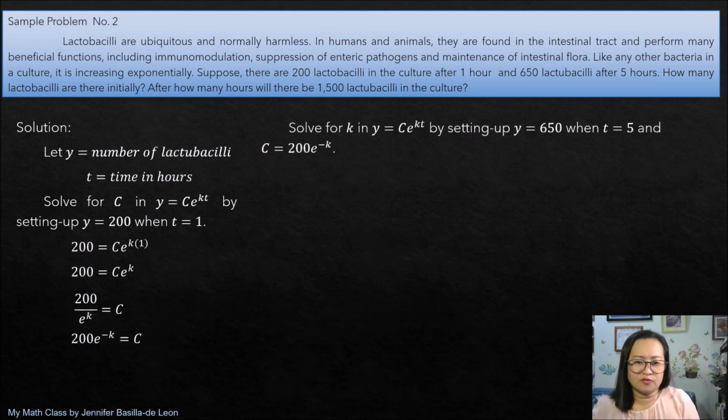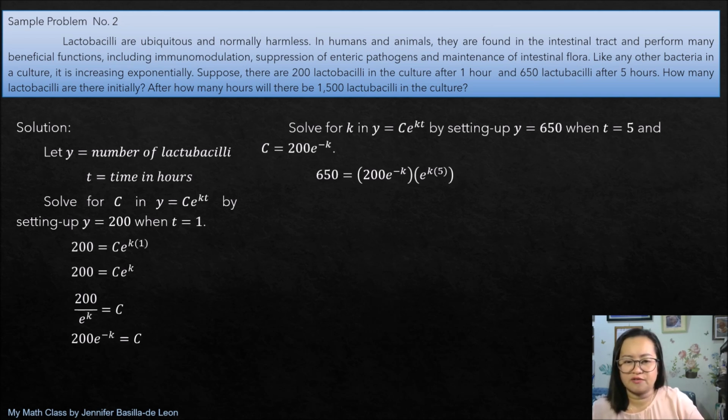Now we solve for k in y equals Ce^(kt) by setting up y equal to 650 and t equal to 5 in our working equation. So we will have 650 equals 200e^(−k) times e^(5k).